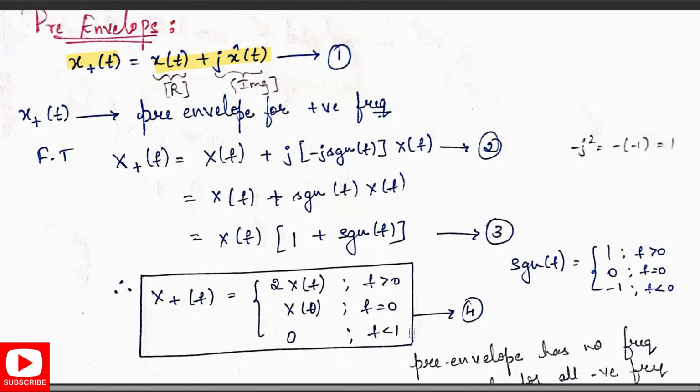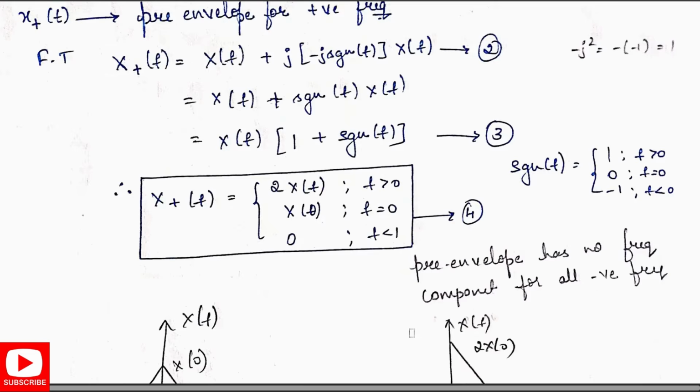So the signum function is defined as I said before. For f greater than 0, it is 1. So if you put 1 here, it becomes 1 plus 1, that is 2 x of f. If you put 0 here, it is x of f. If you put minus 1 here, this gets cancelled, so you get 0. Based on that, you can write like this for the positive frequency.